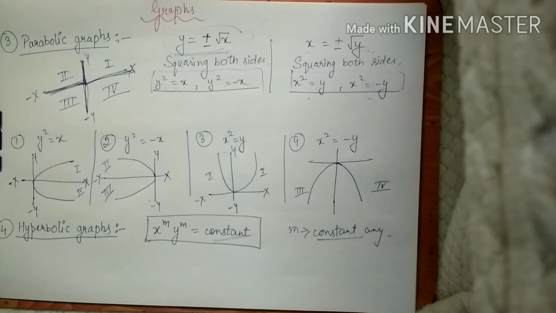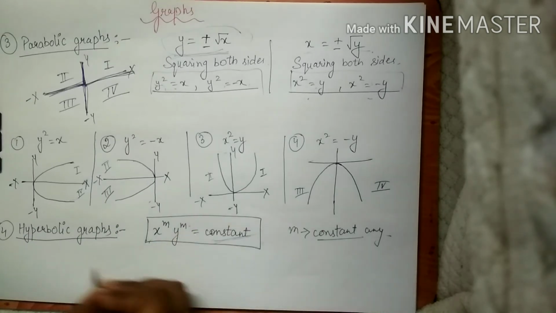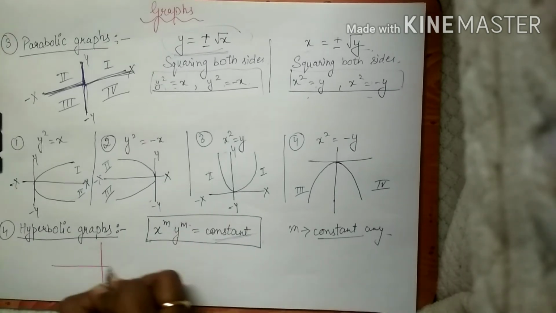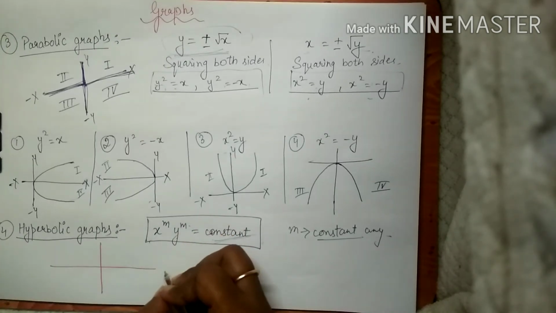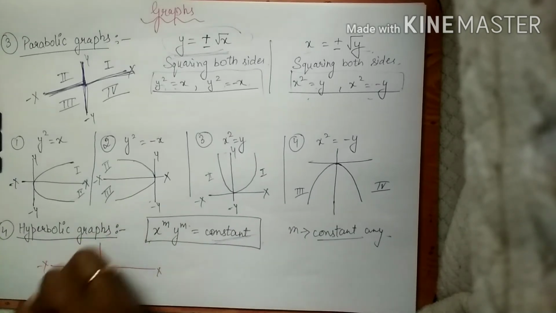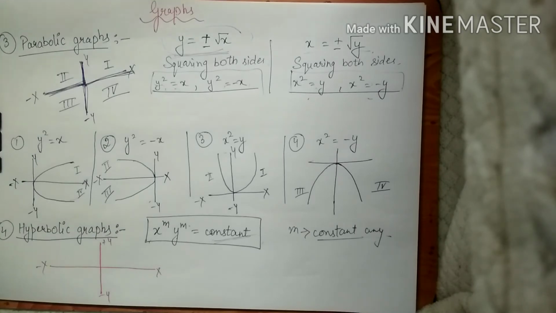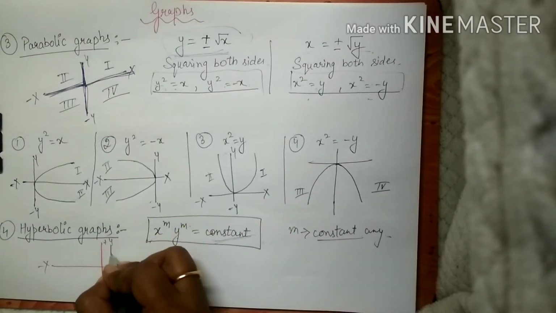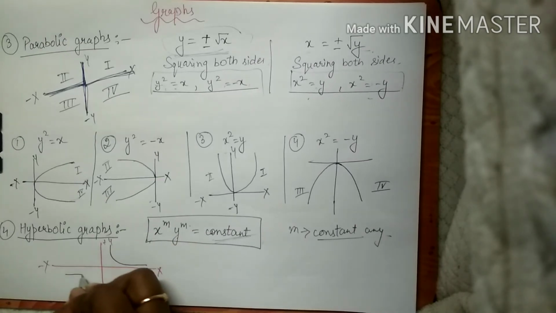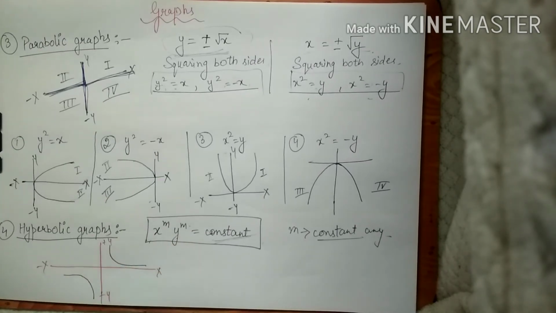So how this hyperbolic graph looks: here I have my positive x-axis, negative x-axis, positive y and negative y. The graph is like this. Okay, this is the hyperbolic graph.